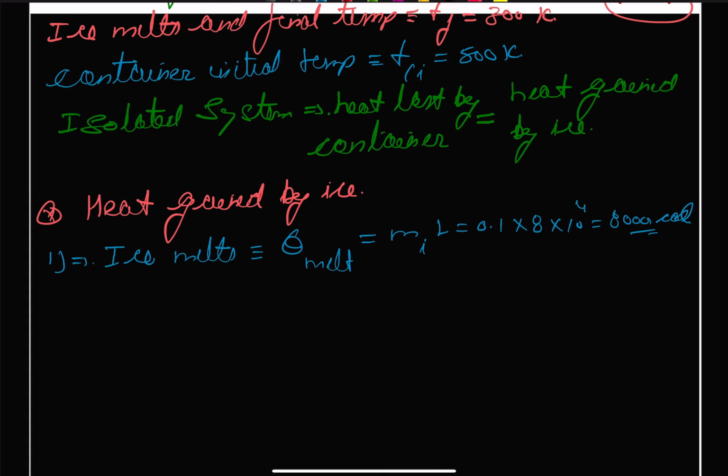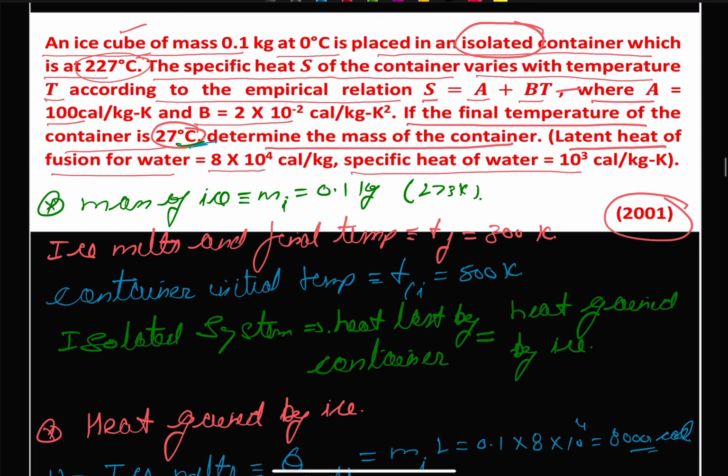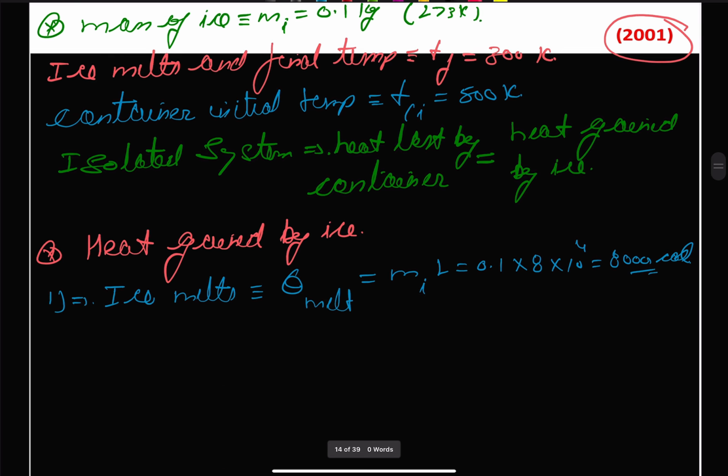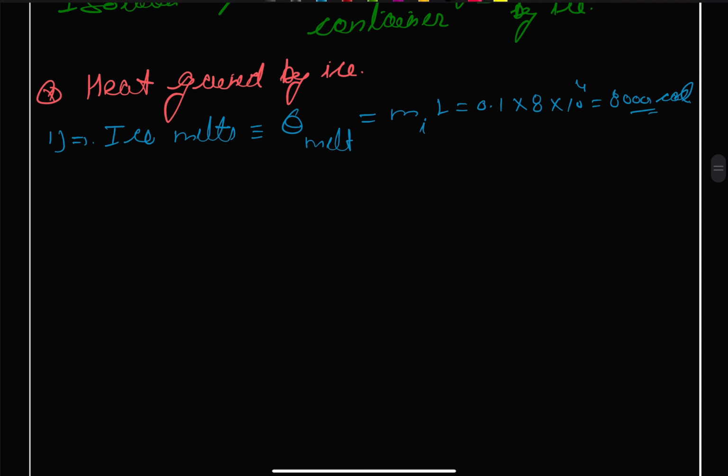Now the final temperature is 27 degrees centigrade. So now the water temperature is going to rise from 0 degrees centigrade to 27 degrees centigrade. So that will be our second step.